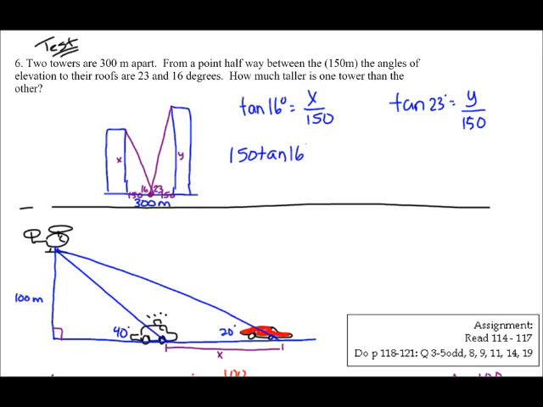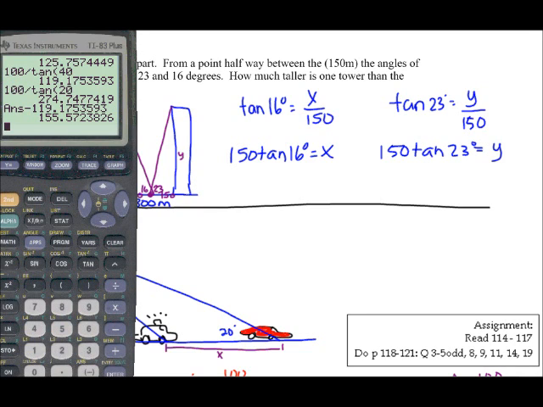So solve for those two heights. So 150 tan 16. And 150 tan 23. So those are the two heights of the towers.